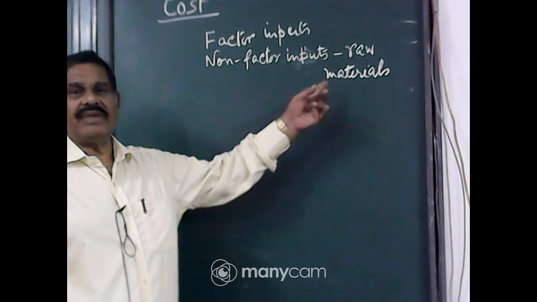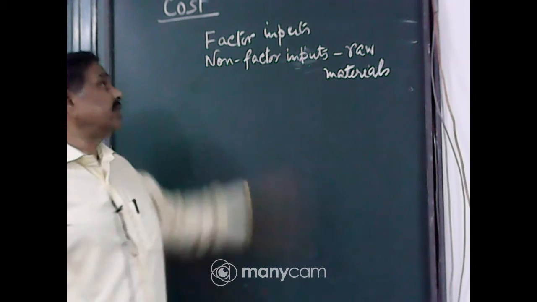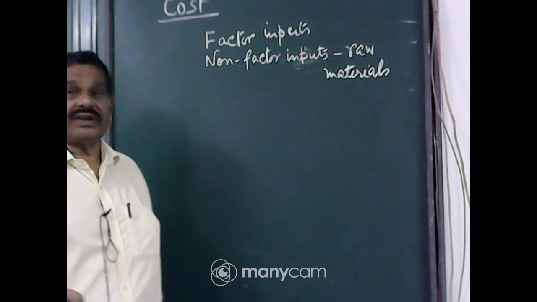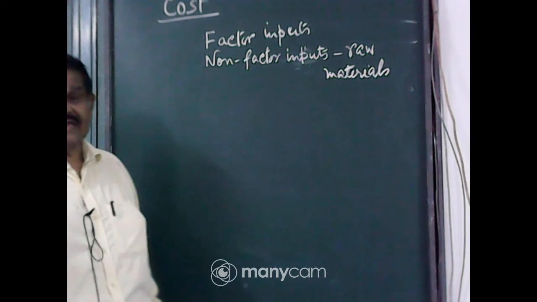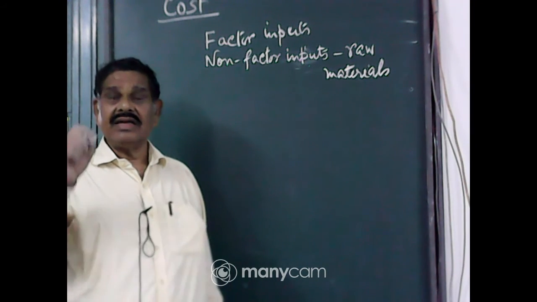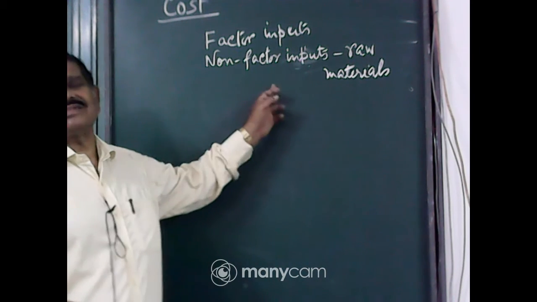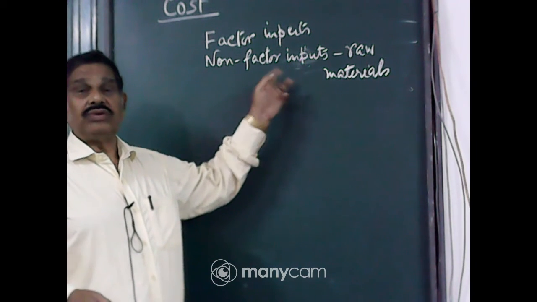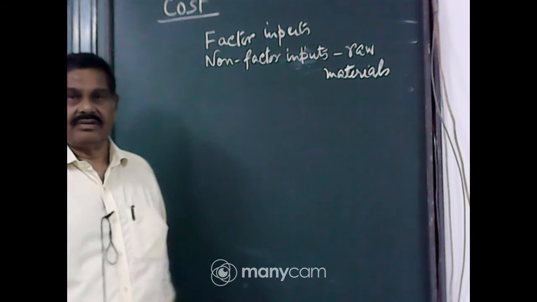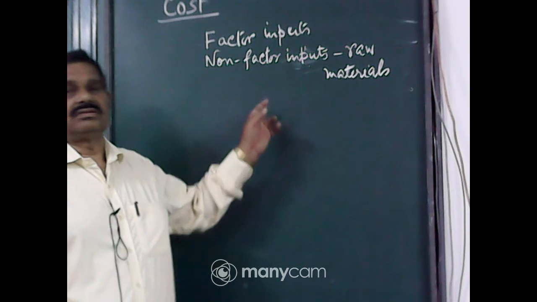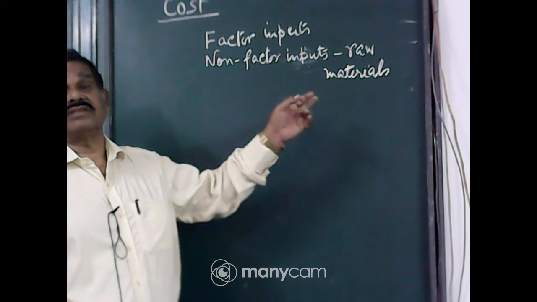These raw materials, like coal, are also important as cost. Therefore, cost is the expenditure incurred by the producer for the factor and non-factor inputs of the production. Without cost, production cannot be done. Production requires cost, that is cost of production.